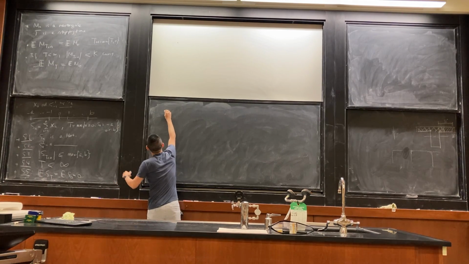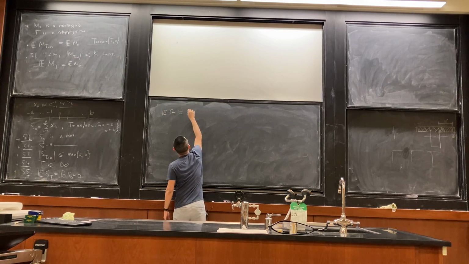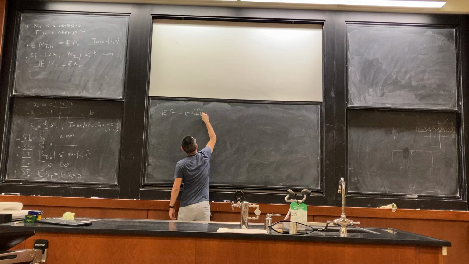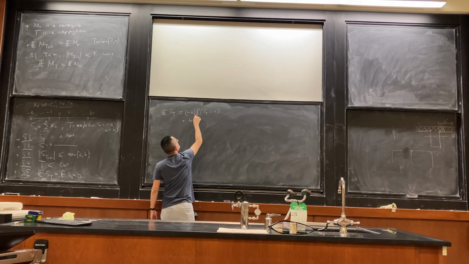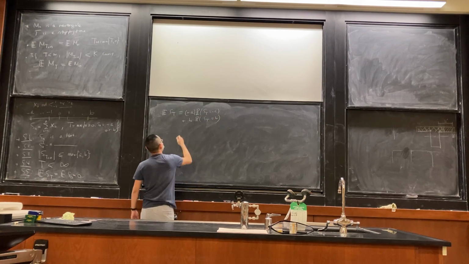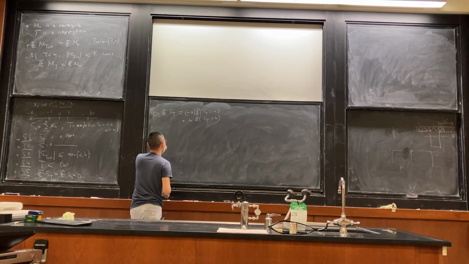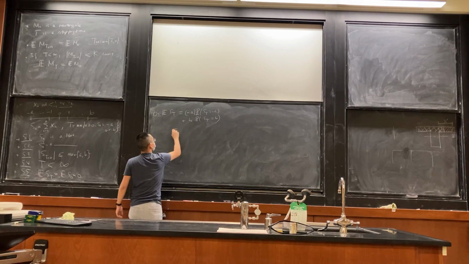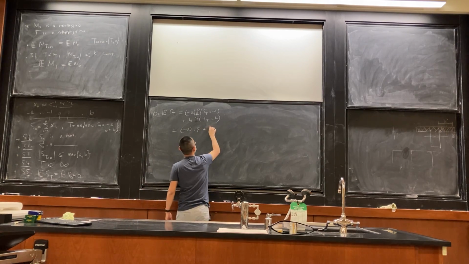The value of S_T is either negative A or B, and this is 0, implying negative A times the probability of T plus B times 1 minus that probability.